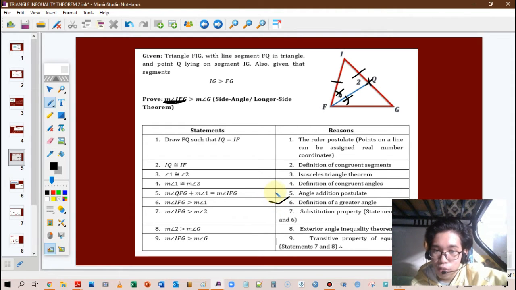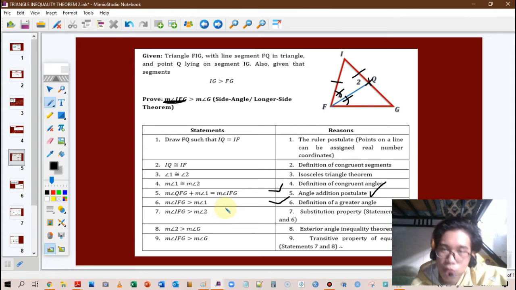So on number 5, going back to number 5, the reason for adding these two angles is the angle addition postulate, which we have learned from our first quarter. And then, using the substitution property for number 7, we can say that the measurement of angle IFG is also greater than the measurement of angle 2, since the measurements of angle 1 and 2 are congruent to each other.